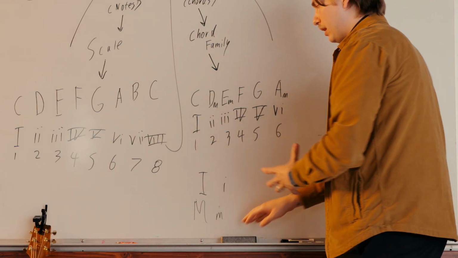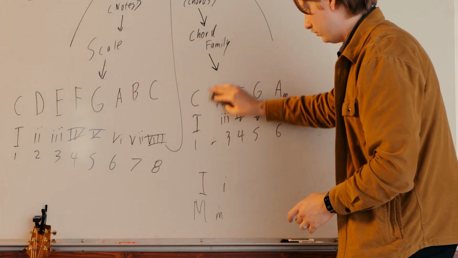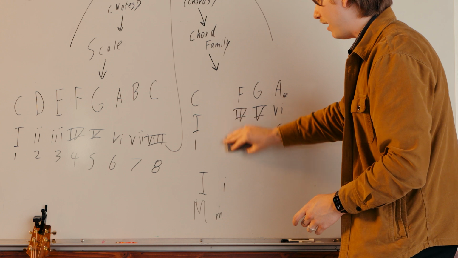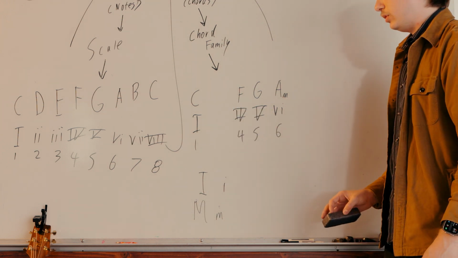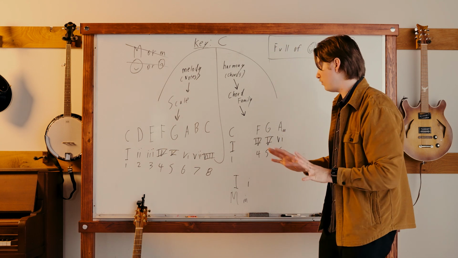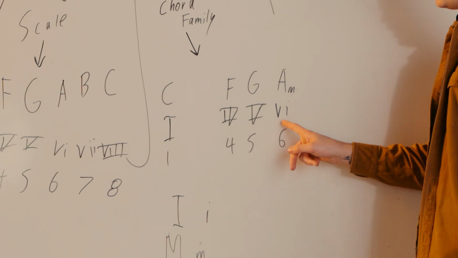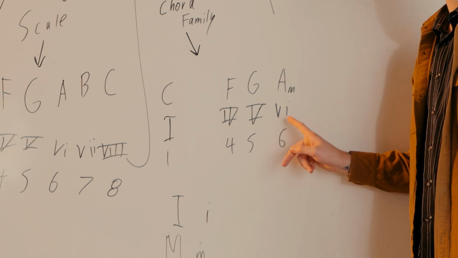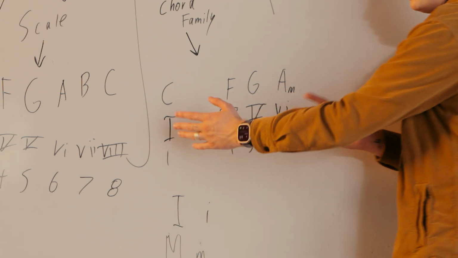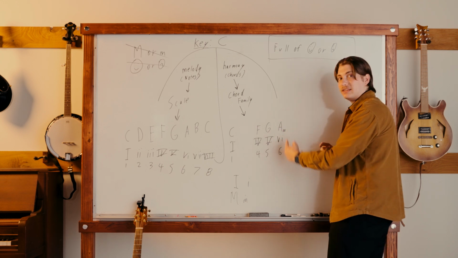Those chords are always 1, 4, 5, and 6. Okay? Now here's how you can practice this at home. 6 is the only number out of these 4 that is a minor chord, that is a sad chord.